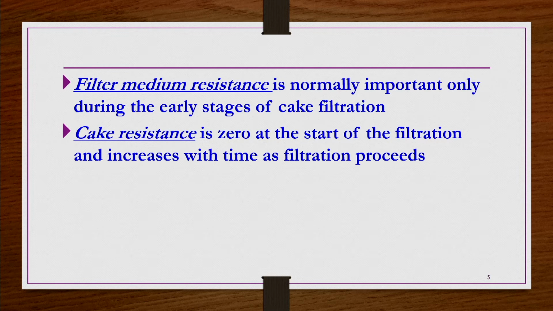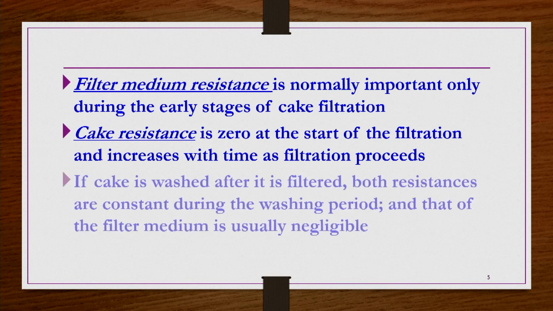So, there will not be any cake resistance, but as the filtration time progresses, more and more particles deposit, the cake thickness gradually increases, and hence the cake resistance also gradually increases with time as the filtration proceeds.